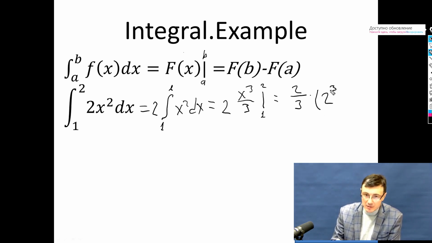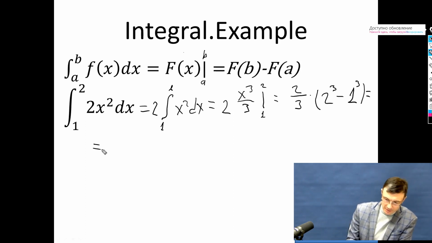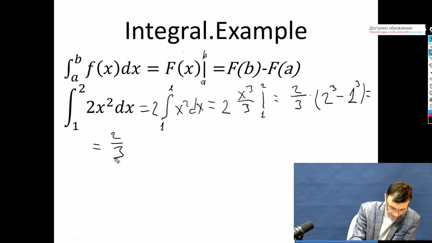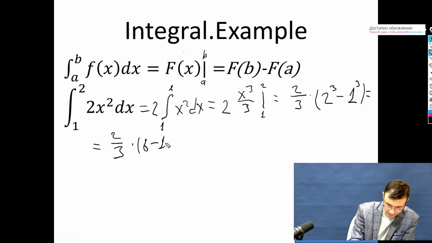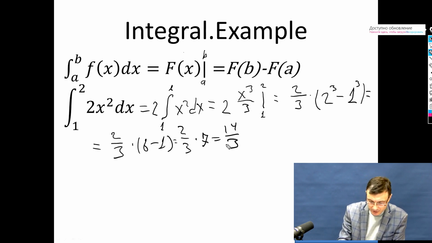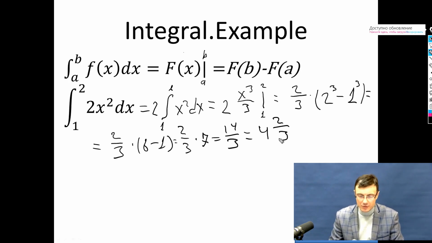The higher bound of 4 minus the lower one, and then we see that it will be 40, and it will be like that, 4 and 2 divided by 3. This is the end of our calculation.